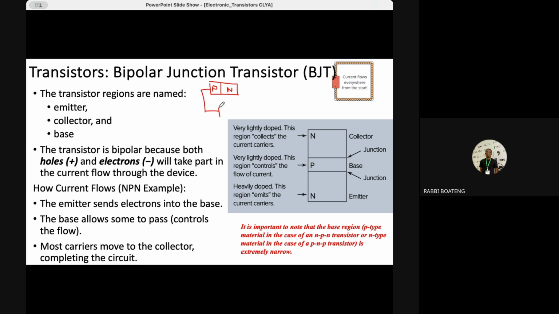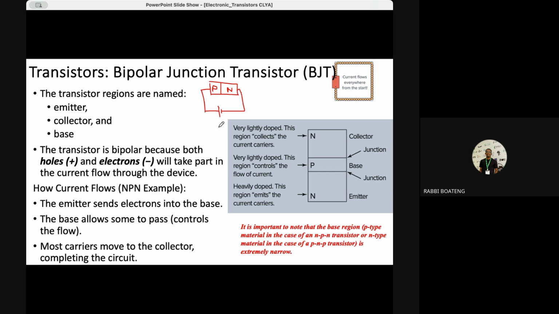This is my polarity, this is my positive and this is my negative. Then I connect it to the N type. What type of bias is this? Forward bias. Very good.